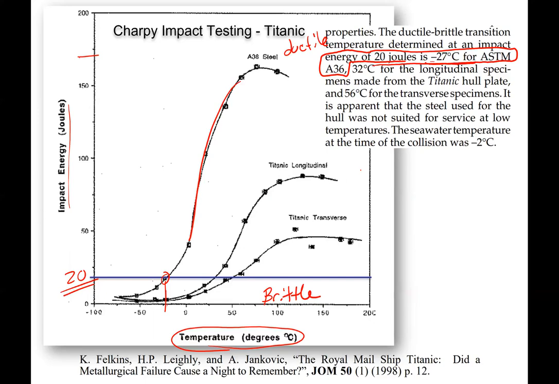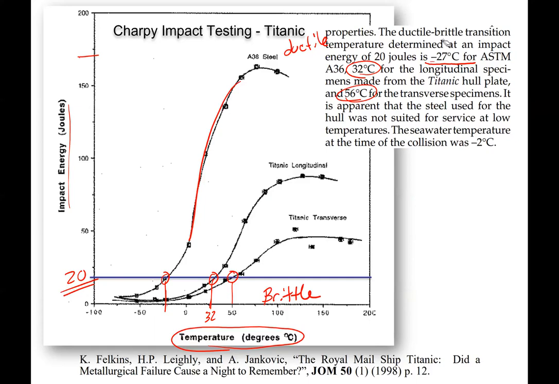But if you look at either direction on the Titanic steel, you can see that for this impact energy of 20 joules, we're getting ductile to brittle transitions of about 50. In this one case, I think when you do it carefully, they get 56, and we get about 32 for the longitudinal direction.